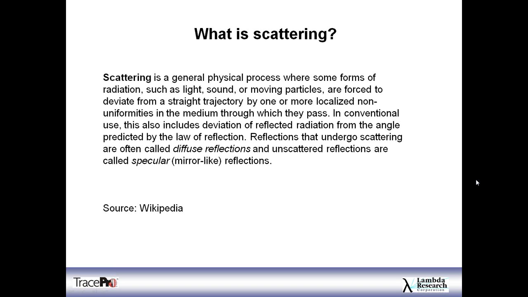In conventional use, this includes deviation of reflected radiation or light from the angle predicted by the law of reflection. Reflections that undergo scattering are often called diffuse reflections, and unscattered reflections are typically called specular or mirror-like reflections.